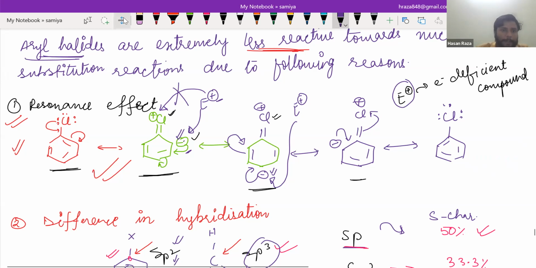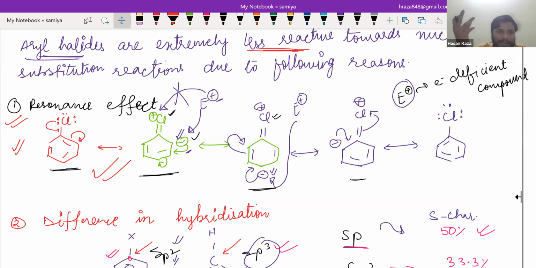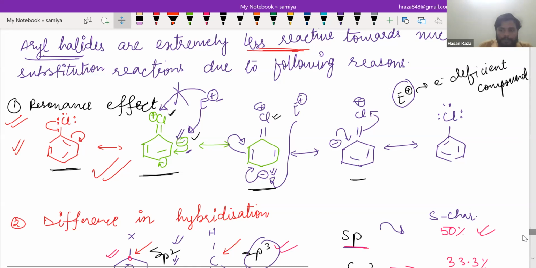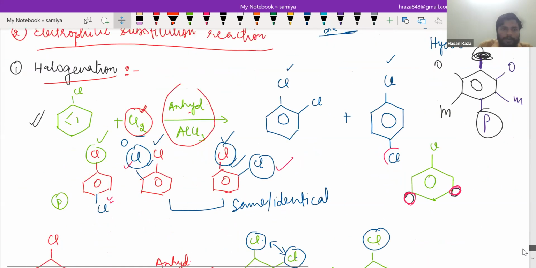We are studying an electrophilic substitution reaction, that means the E plus electrophile, an electron deficient compound, will attack the position where electron rich species are present. During resonance, you just saw that the negative charge, that means electron rich carbon, is at ortho and para only, not on meta. That's why the product at meta is not possible. Okay, I think you got it right.